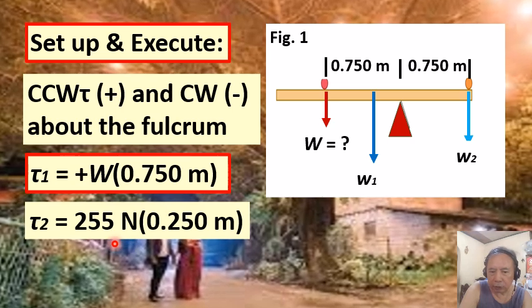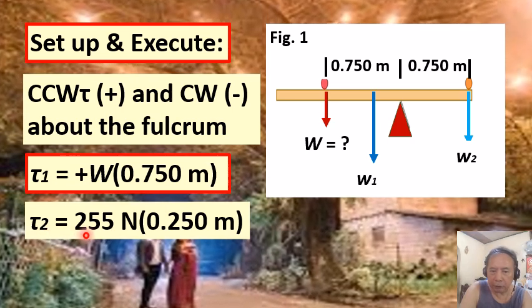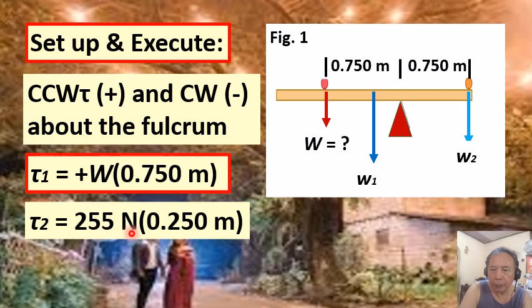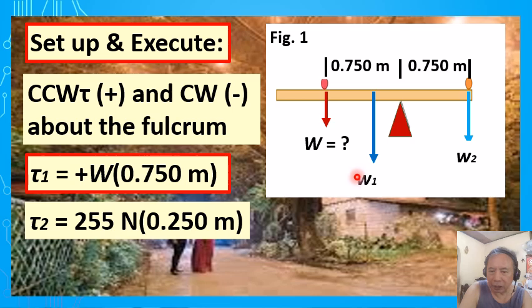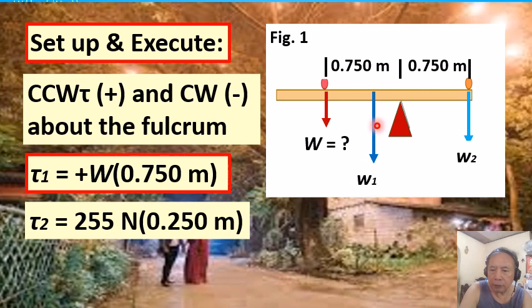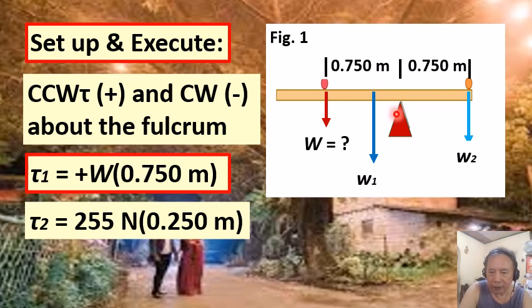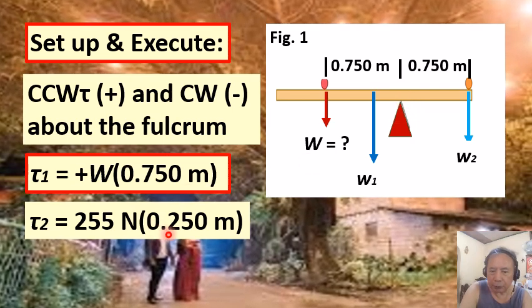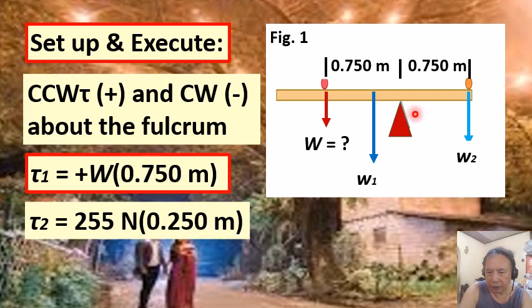Torque 2 is equal to the product of 255 newtons, that's the value of W sub 1, and the moment arm of W sub 1 with respect to the fulcrum, or to the axis of rotation, which is 0.250 meters.